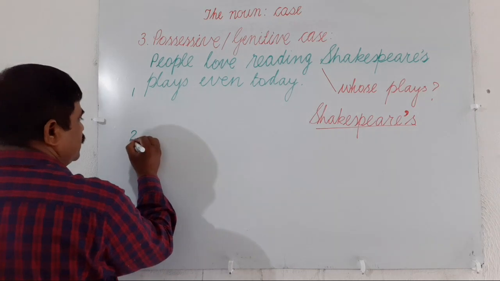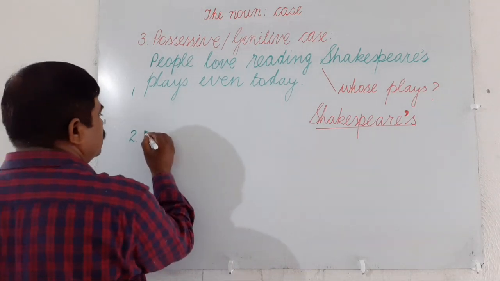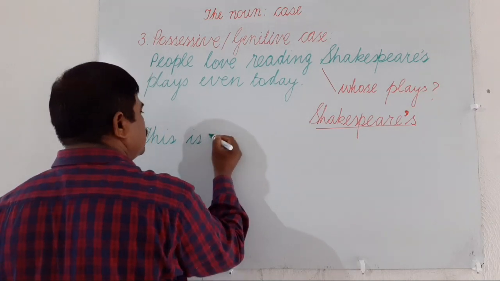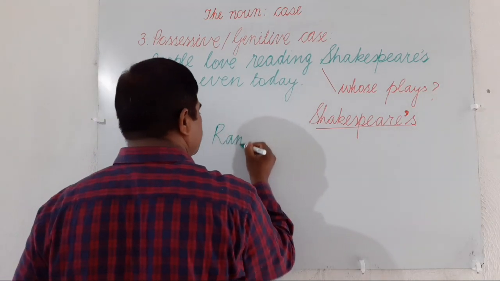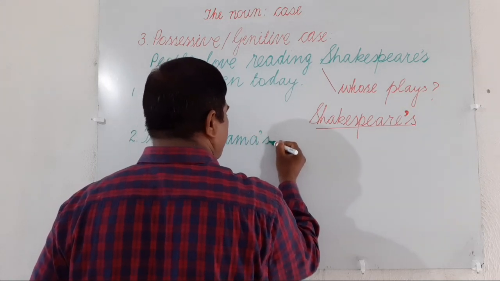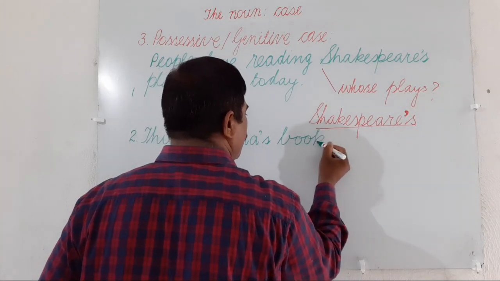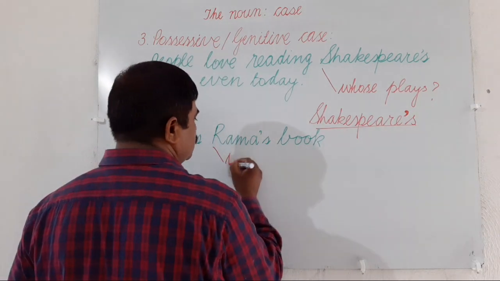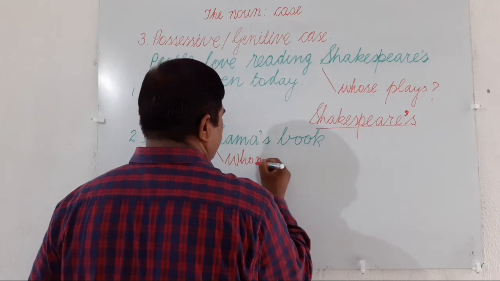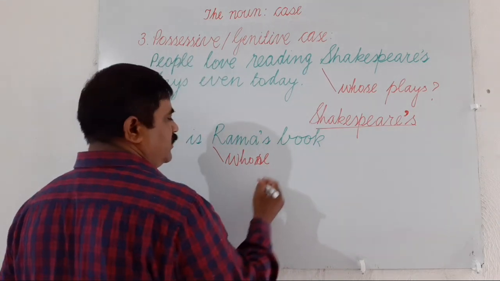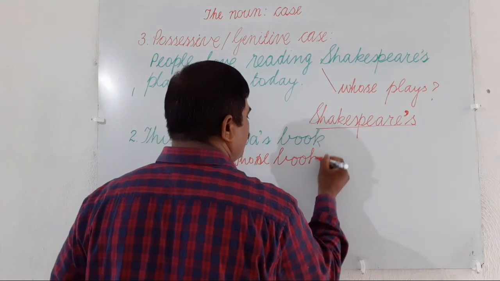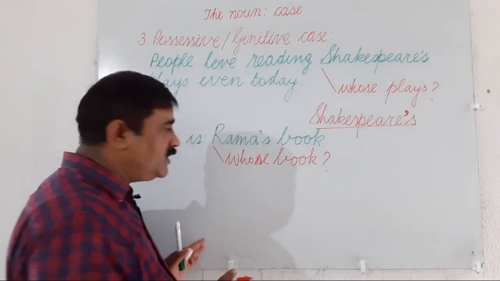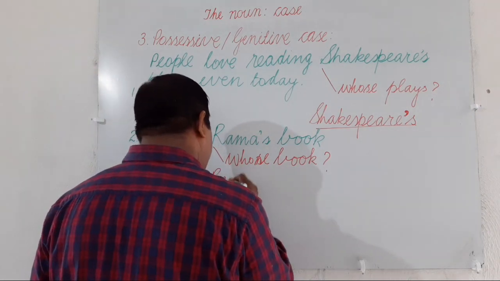Again, let me write down one more sentence. That is sentence number 2. This is Rama's book. Let me ask you again. Whose book? This is Rama's book. Whose book? Yes, obviously, Rama's.